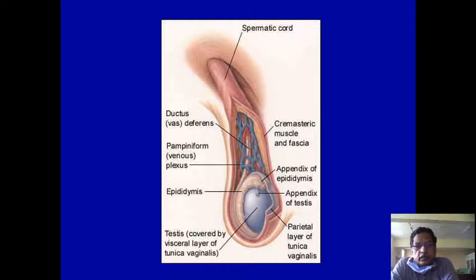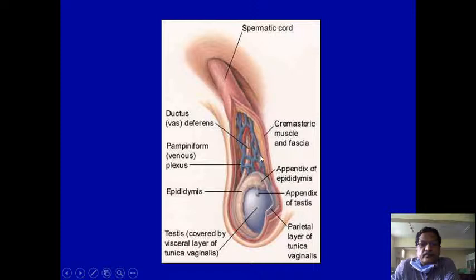And again the testicular veins. See, the testicular veins, the drainage starts from the testis, and there are multiple tributaries. These multiple tributaries pass upwards. We call them the pampiniform plexus.